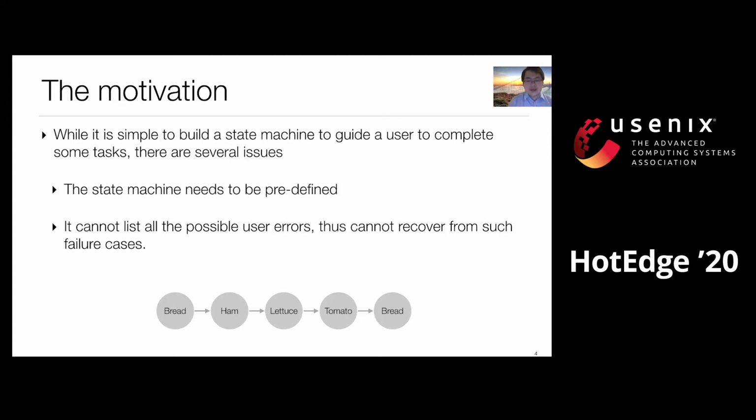For instance, if the assistant detected the lettuce in the third step, then it will ask the user to stack a piece of tomato in the fourth step. However, if a user made a random mistake and put a piece of bread instead of tomato on top of the lettuce, the state machine will not be able to recover from such a failure case.